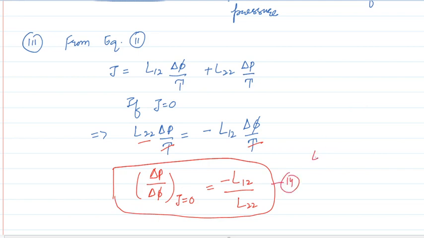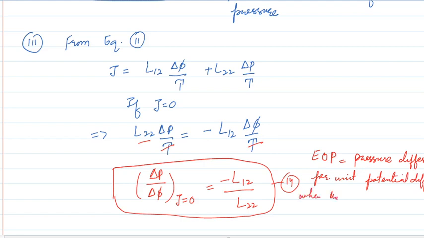That means we can define the electro-osmotic pressure as the pressure difference per unit potential difference when the flow J is 0.